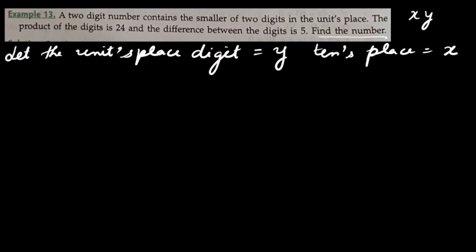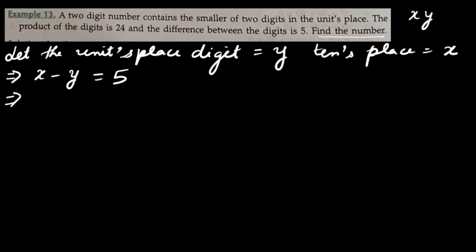The product of the digits is 24 and the difference between the digits is 5. So the difference is given to us. From the difference, difference means x minus y. So x minus y is equals to 5.